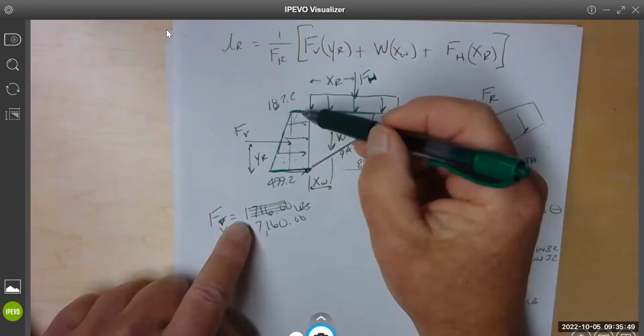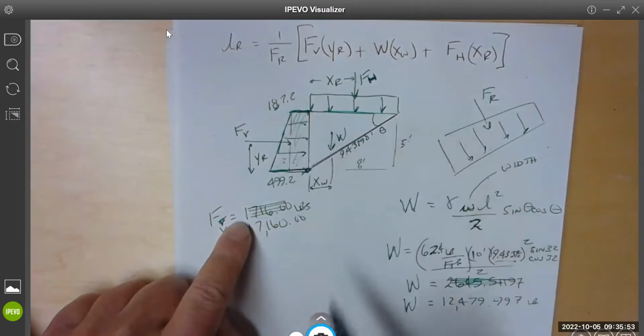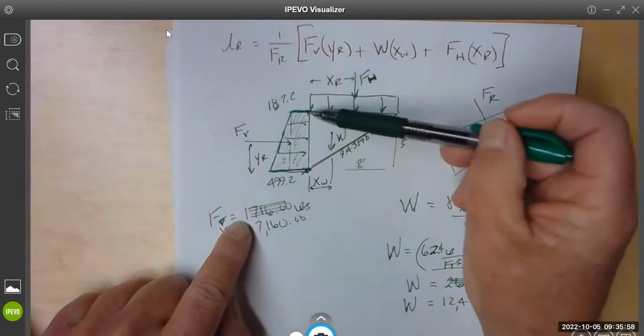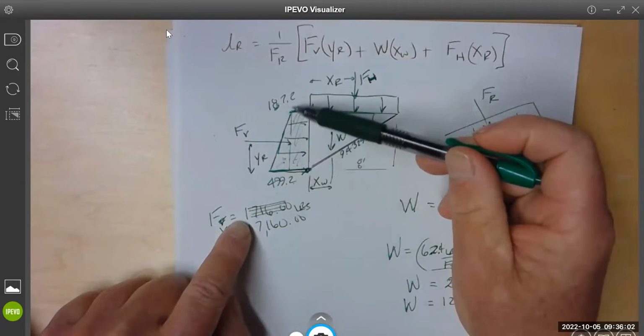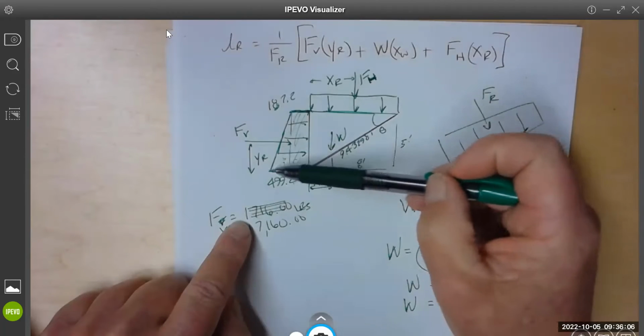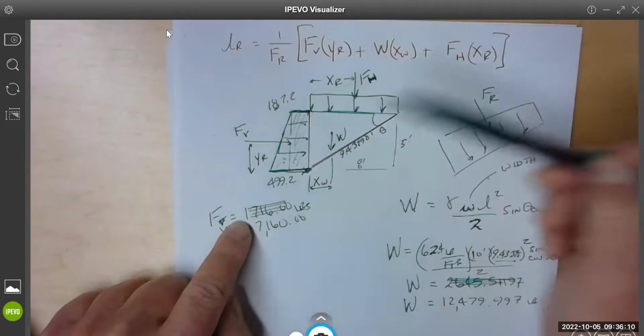All right, so the area of the rectangle plus the area of the triangle. The area of the rectangle is 187.2 times 5. And then the area of the triangle is going to be that minus that for this distance, and then 1/2 base times height.